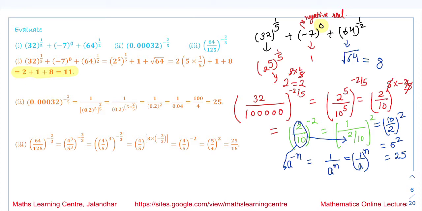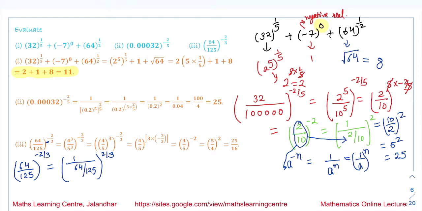Similarly, in the next question we have 64 by 125 raised to the power minus 2 by 3. In the first step we remove the negative sign from the power. So it is 64 by 125 raised to the power minus 2 by 3, which is equal to 1 over 64 by 125 raised to the power 2 by 3.